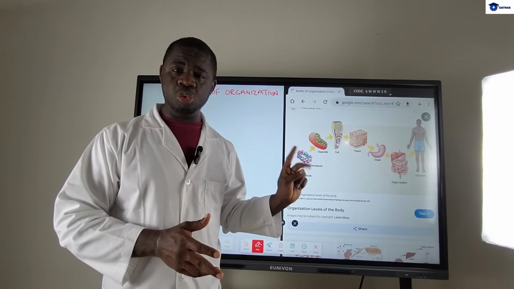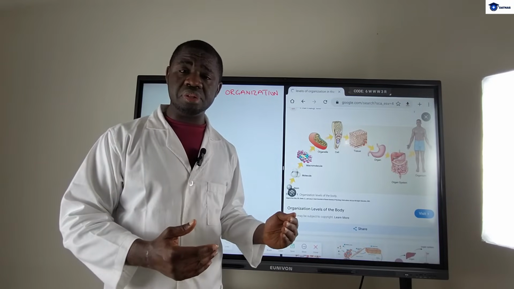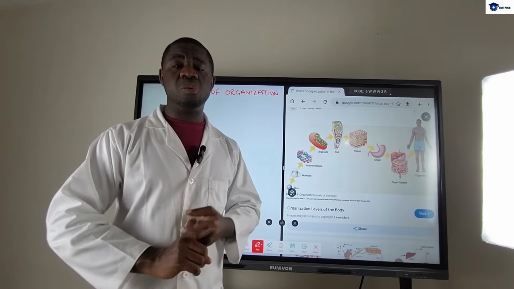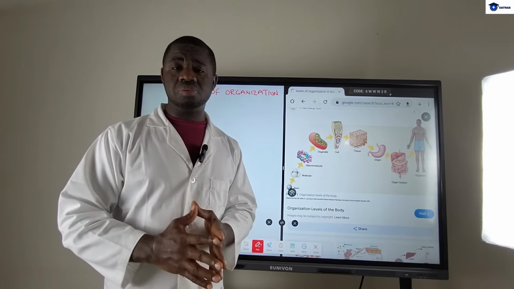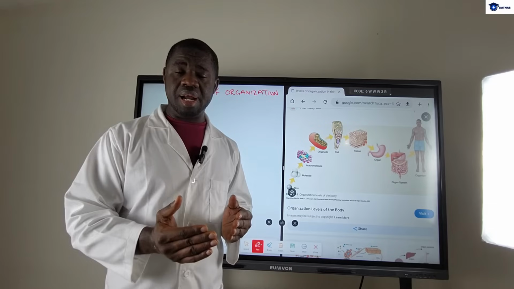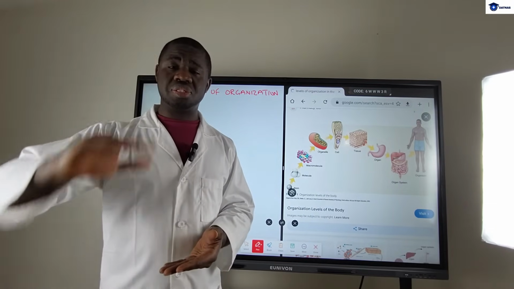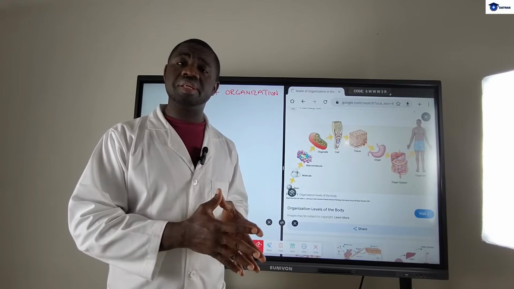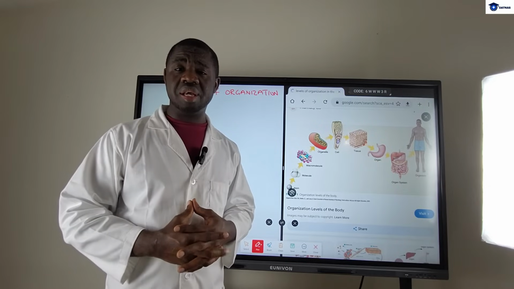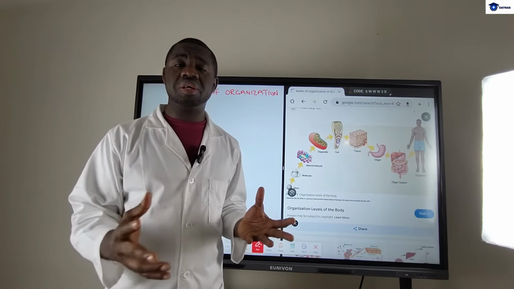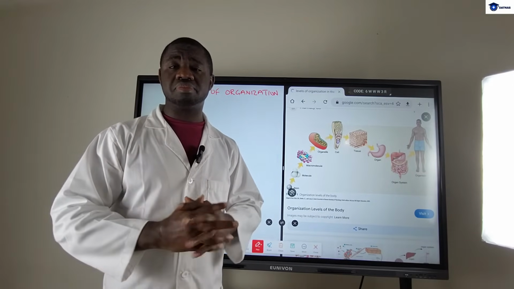From two parents, man and woman, male and female, coming together to form a family, and family advances to a society, and a society advances to community, community advances to a city, city advances to a state or region, and state advances to a country, and more countries come together to form a world.